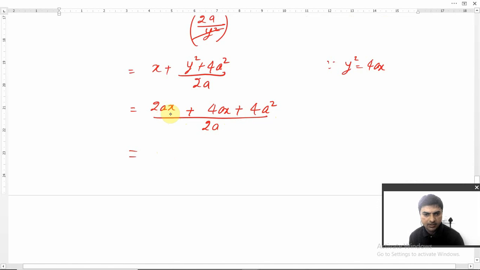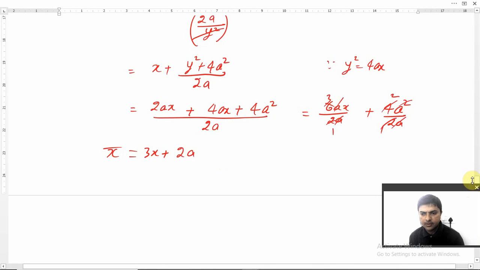I will write it like this, just for simplification: 2ax divided by 2a plus 4a square divided by 2a. So a will get cancelled, and 2 3s are 6, so you get 3x plus 2a. So this is our one locus of point, that is x bar.